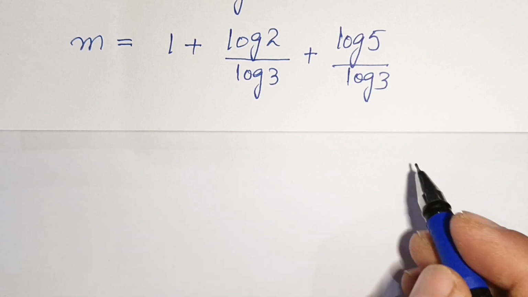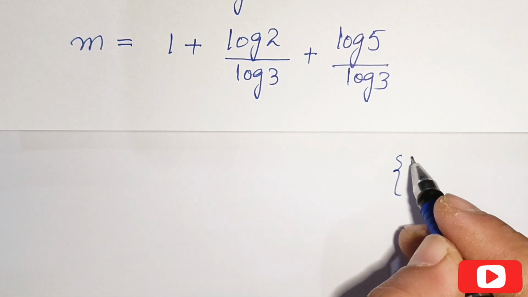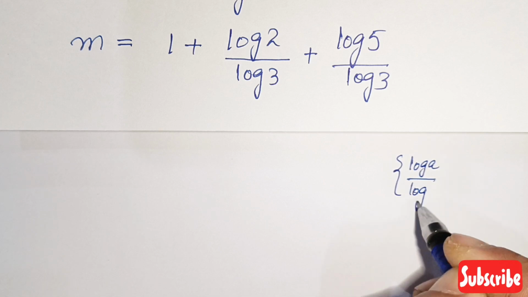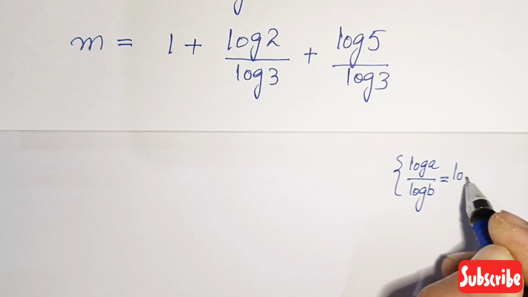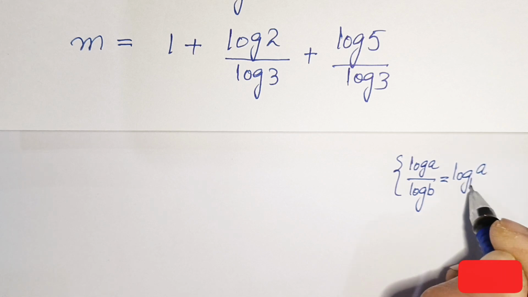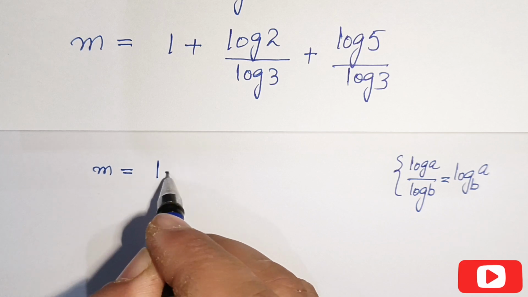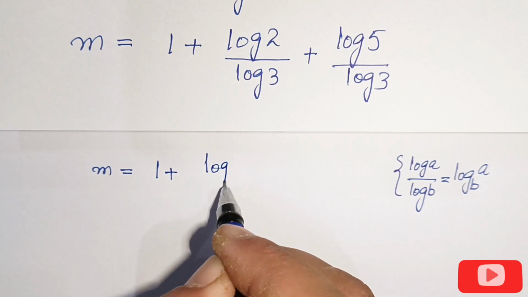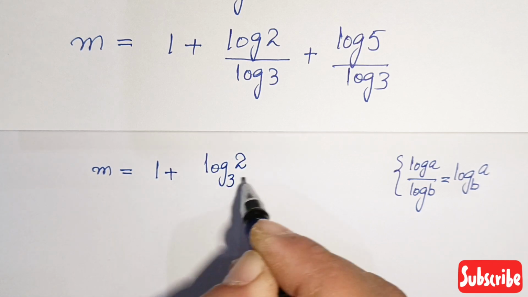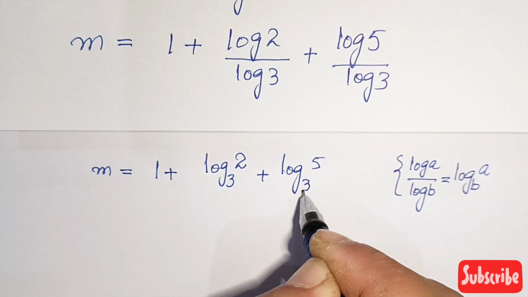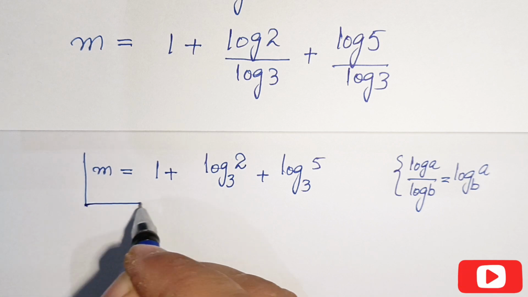Now according to the logarithm law, if we have log a over log b, then it is equal to log a to base b. So here m is equal to 1 plus log 2 to base 3 plus log 5 to base 3. So this is the value of m.